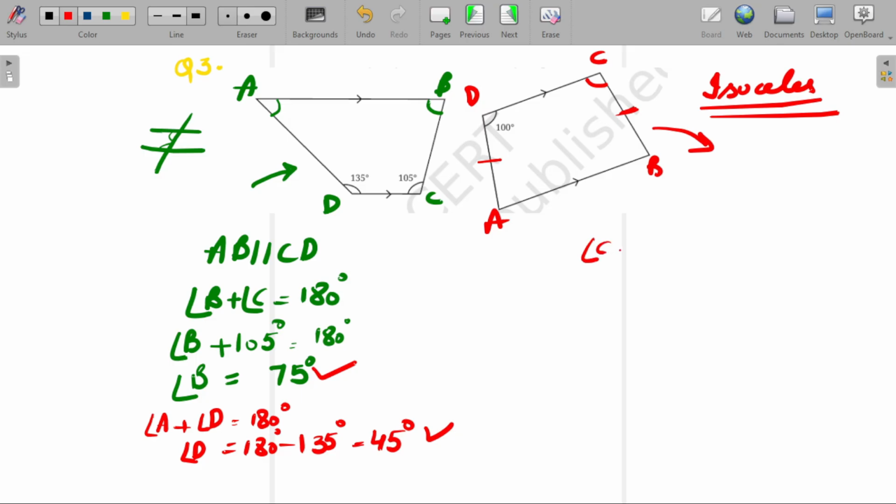Angle C is also of measurement 100. Now again apply the same formula as angle B and C both are co-interior angles. So angle B plus angle C is 180 degree. This is leading us to 80 degree. Angle B is 80 degree. Again, if angle B is 80, angle A will also be 80 degree. Why? Because angle D is also 100 degree.